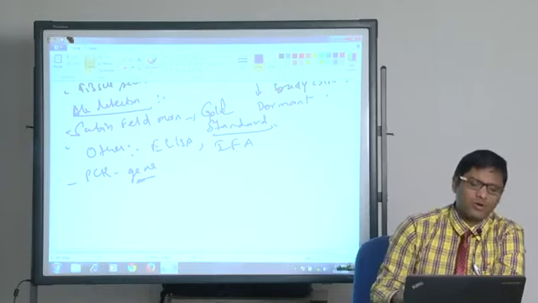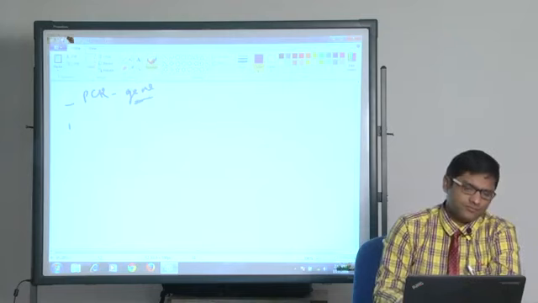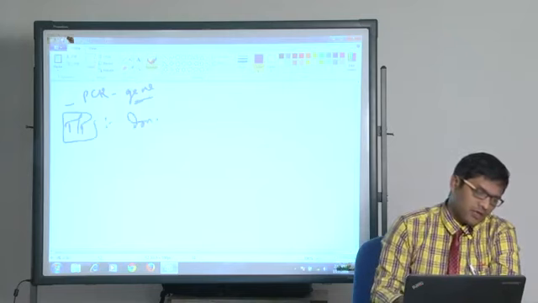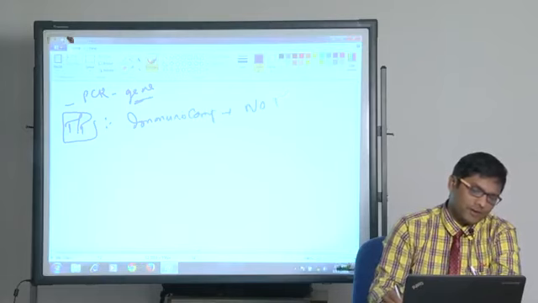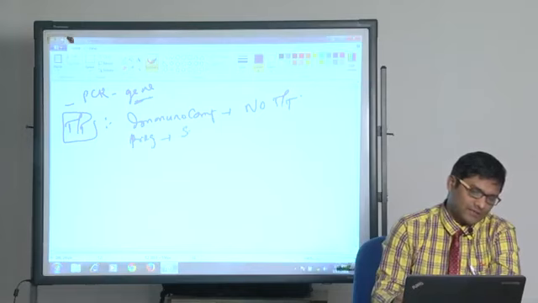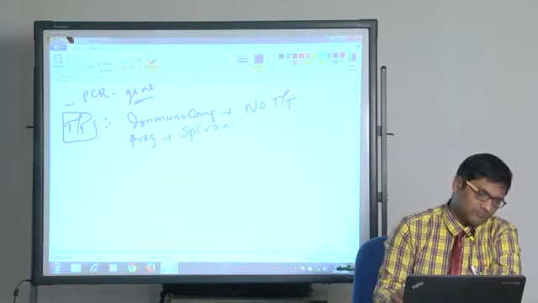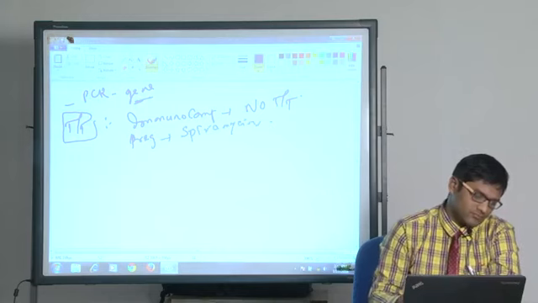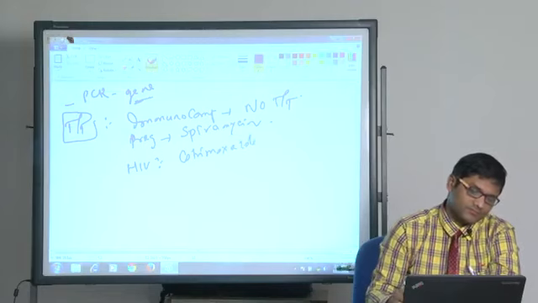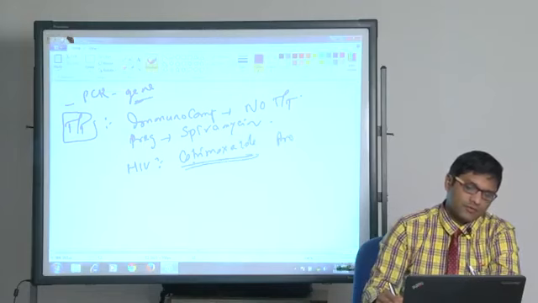Treatment: co-trimoxazole. They say that in immunocompetent individuals no treatment is required. In pregnancy, spiramycin is the drug of choice. In HIV infected individuals, co-trimoxazole is given for prophylaxis.